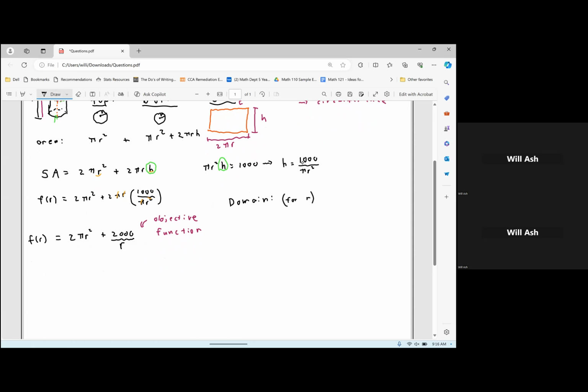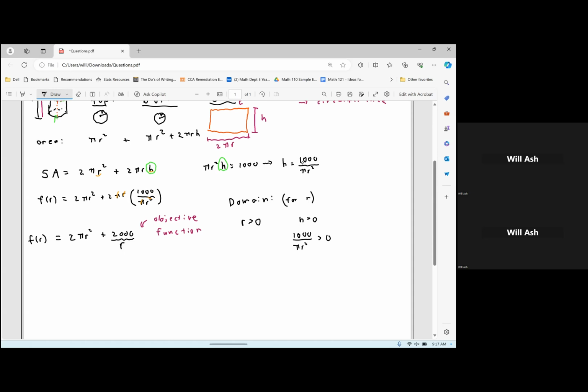Well, it's a radius of a can, so my r has to be positive, clearly. But what other restrictions? Do I have an upper bound on this? And if we look back here, our height of our can also has to be positive. So that means 1,000 over pi r squared has to be positive.